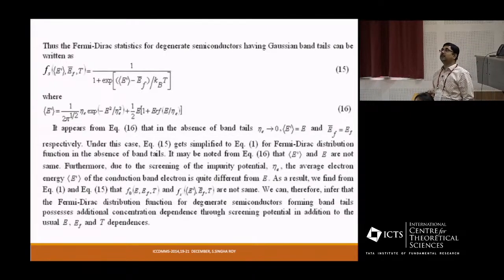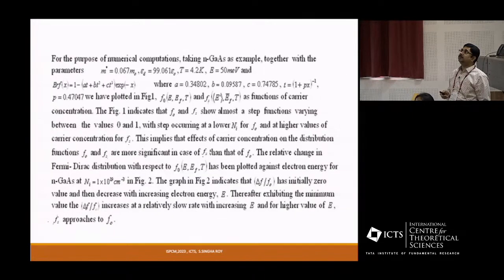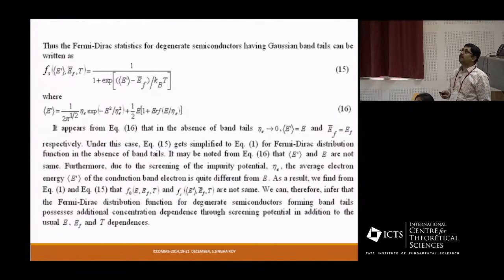This is for the non-degenerate Fermi function. If eta is equal to 0, then the average energy is equal to the energy, and the Fermi energy is the average, EF.